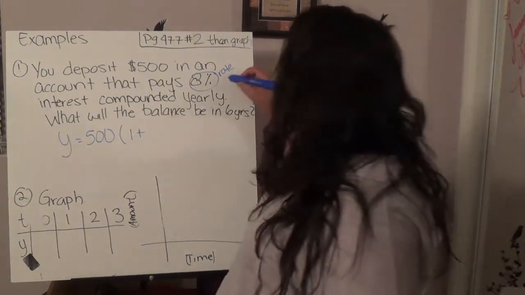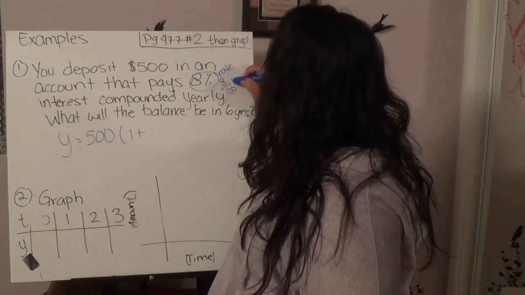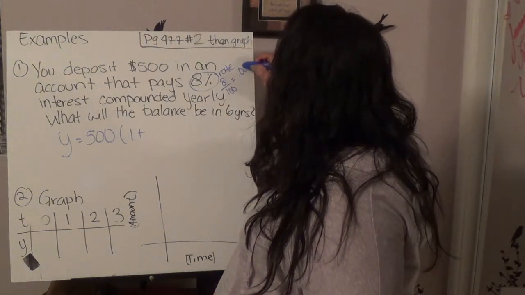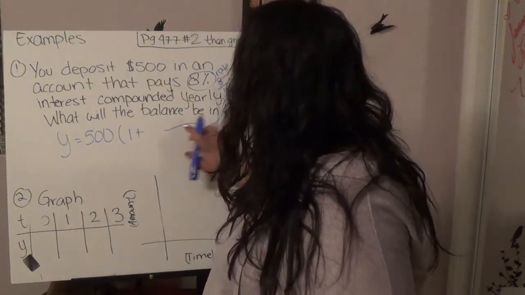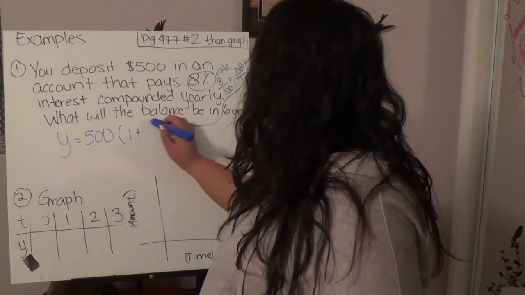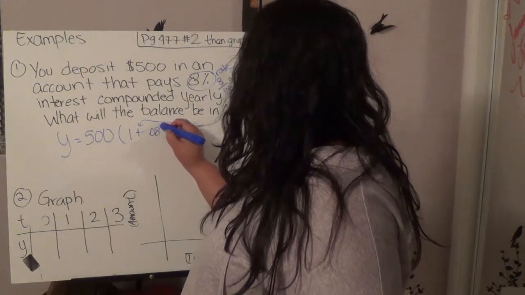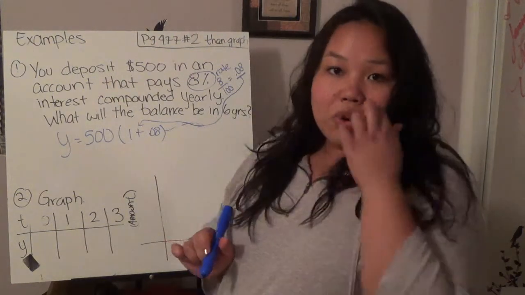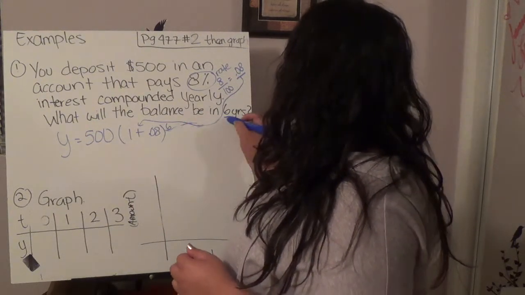In order to put it in decimal form, I take the number and divide it by 100. 8 divided by 100 is 0.08. This is the number that I put in the equation. So this becomes 0.08. And then I want to find out how much it is in 6 years. So this is my T, my time.